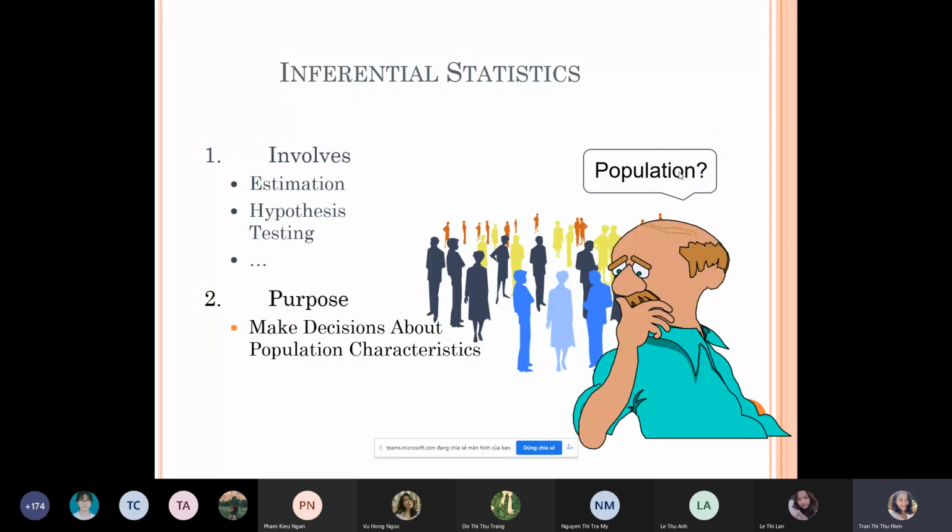So maybe we can collect 100 people, and after that, use the data from the smaller group to predict or estimate for the whole population, for the whole group. So it is inferential statistics.